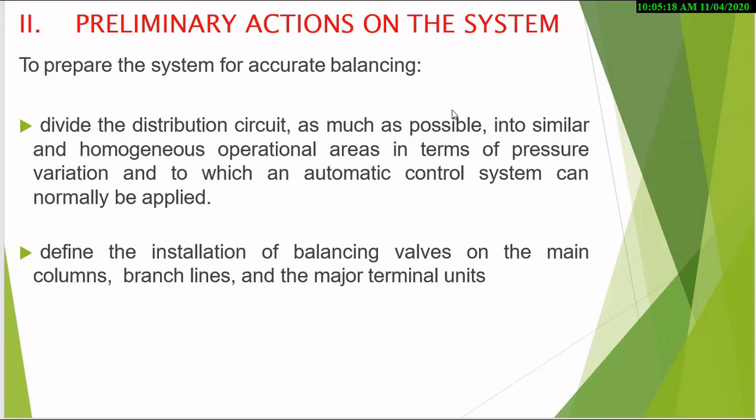Each of these areas must be defined based on the hydronic point of view: the pump, the control valve, the main distribution lines, the secondary branches, and finally the terminal units. We need to define the installation of balancing valves on the main columns, branch lines, and the major terminal units.